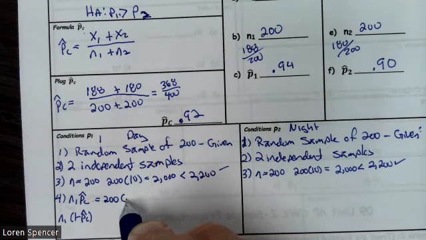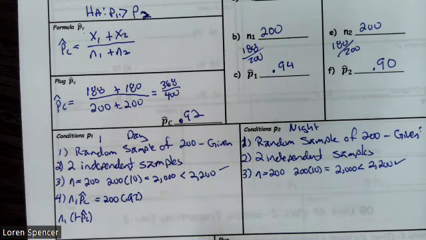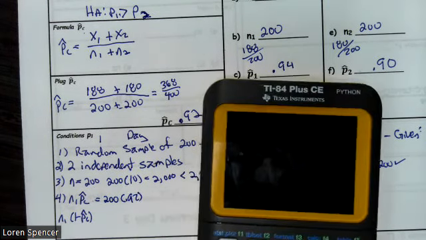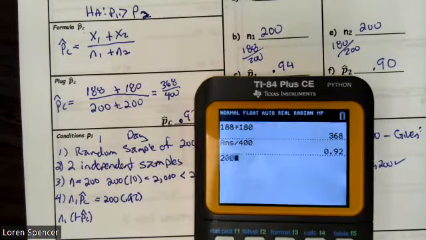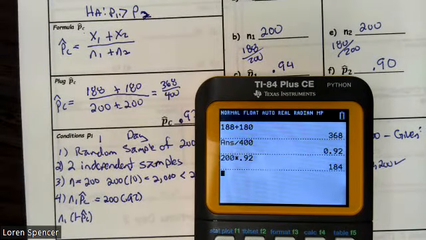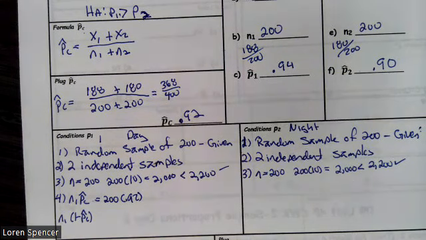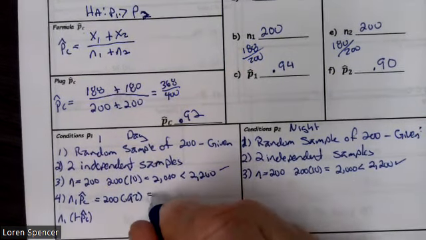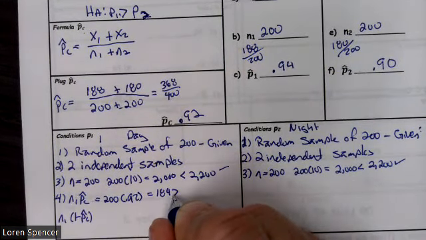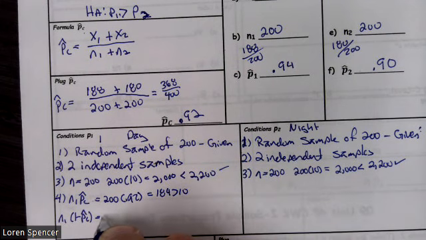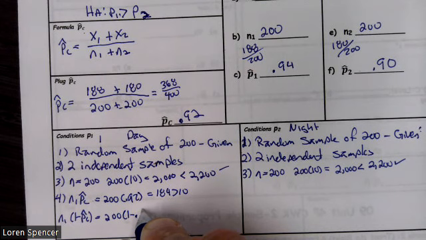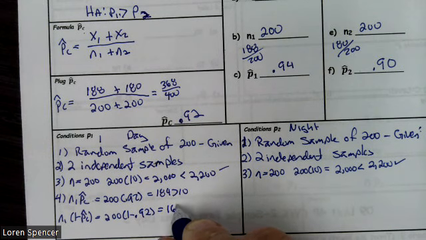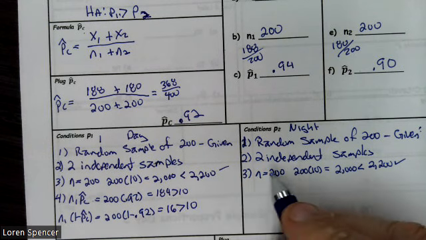So 200 times the 0.92. 200 times 0.92 is 184. And that 184 is greater than 10. Here it's going to be 200 times 1 minus 0.92. When I multiply that out, it equals 16. And that's greater than 10 as well.